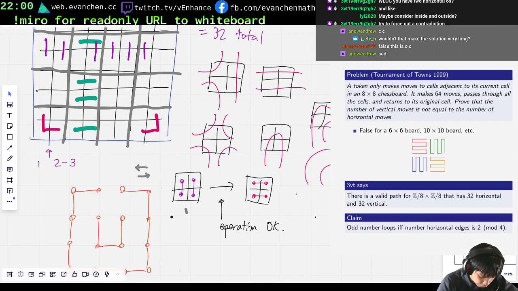If I do this transformation, and now I end up with a loop inside a loop?